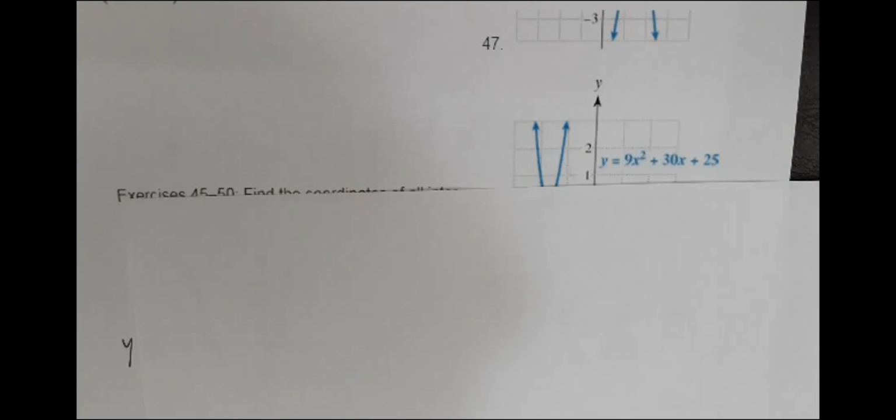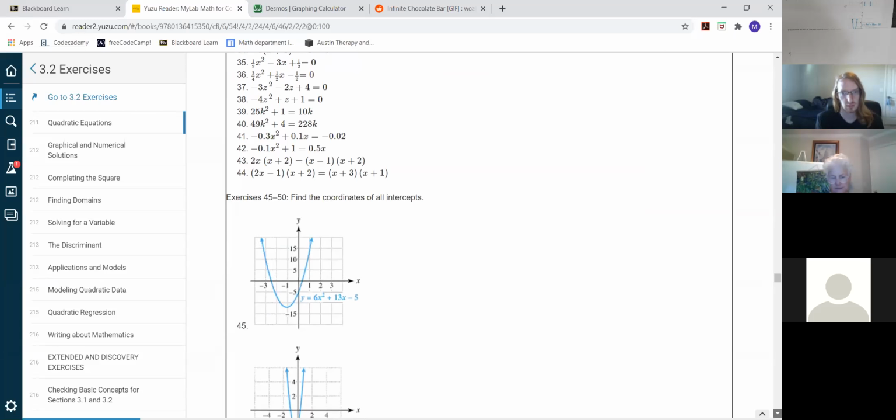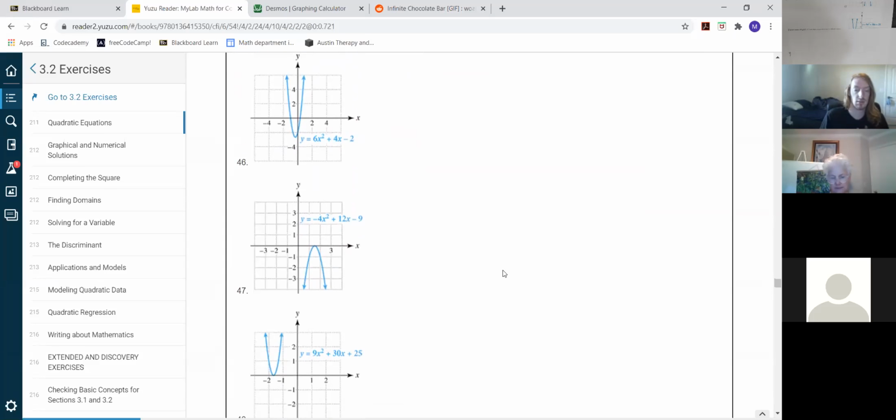Let's go to the exercises. All right, let's take a look. Oh, there we go. It is very similar. So I think we'll probably go ahead and do both of them.